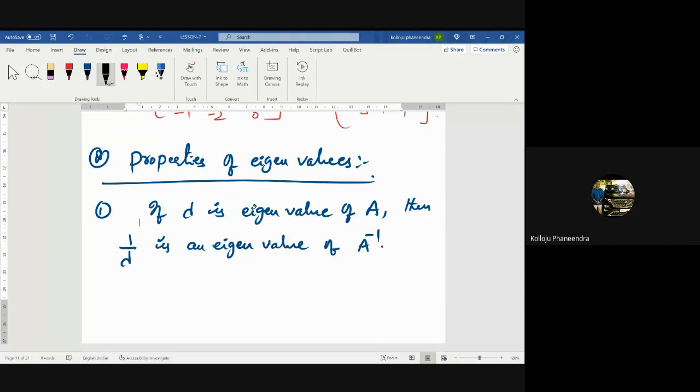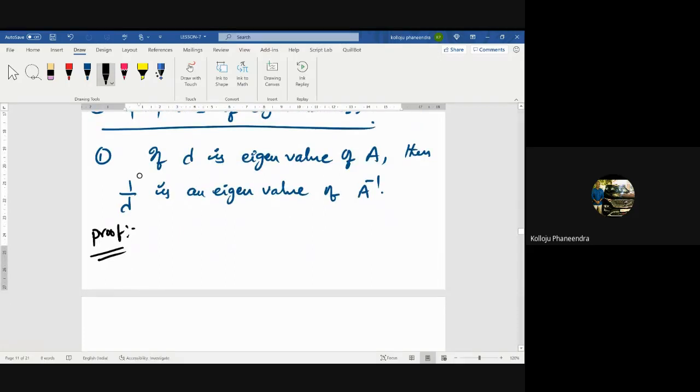Proof. These properties of eigenvalues are important for short questions.